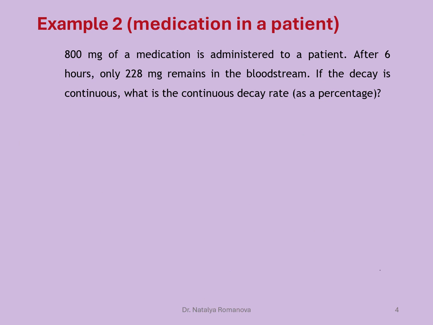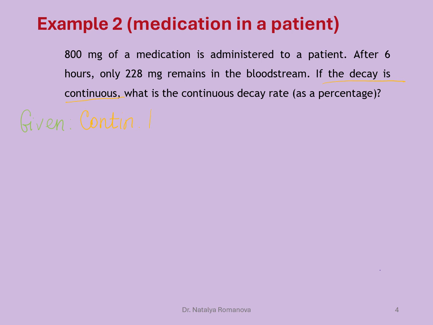In the second example, we will see how we can find the solution for a problem about medication and a patient. So we have here the given information. The decay is continuous, so we have a continuous decay process.